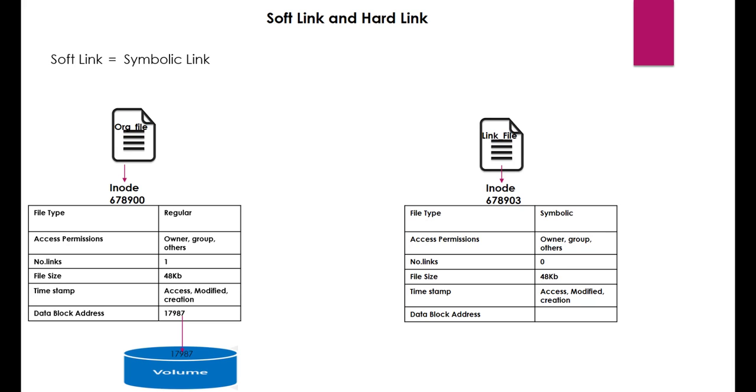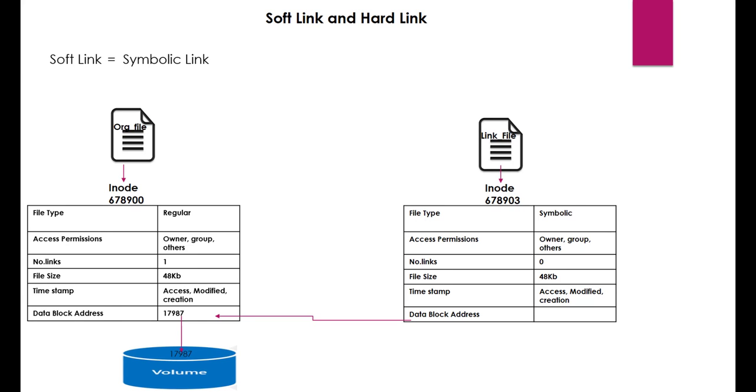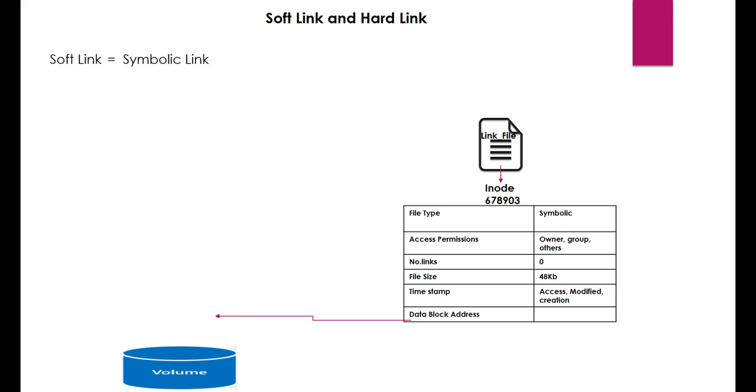Instead, it will link to the original file's data block address. When you delete the original file, the link file is going to lose the pointer to the data block address. So the link file is going to be useless as it doesn't have a pointer to the data block address.